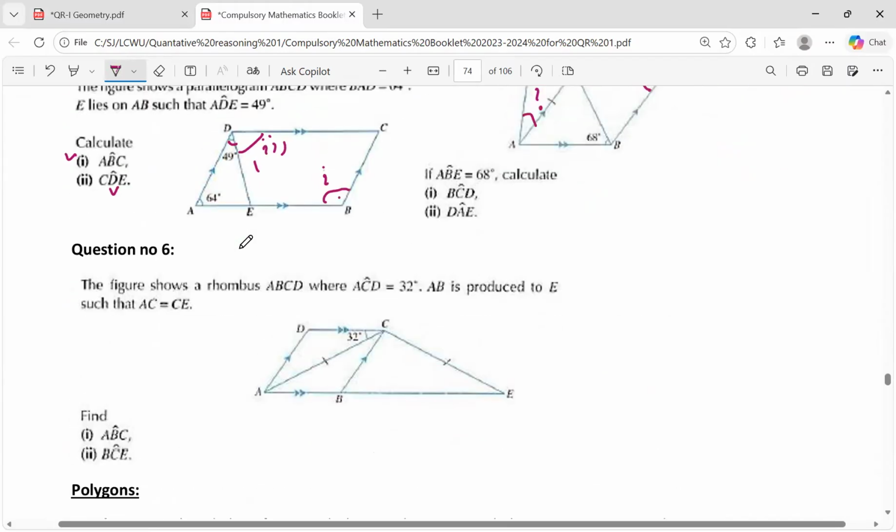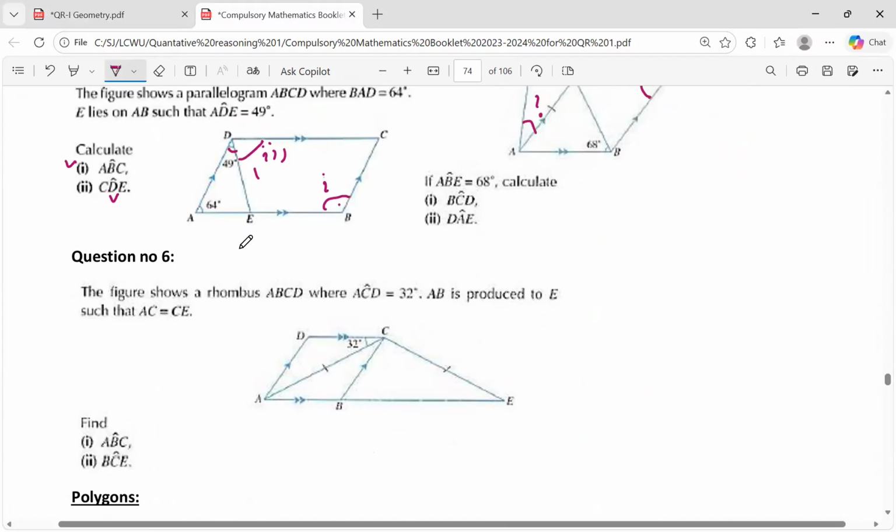Problem 6, the last question from this exercise. In the figure, question number 6.